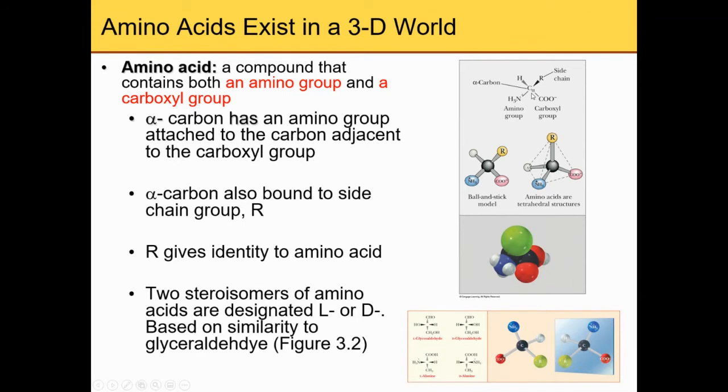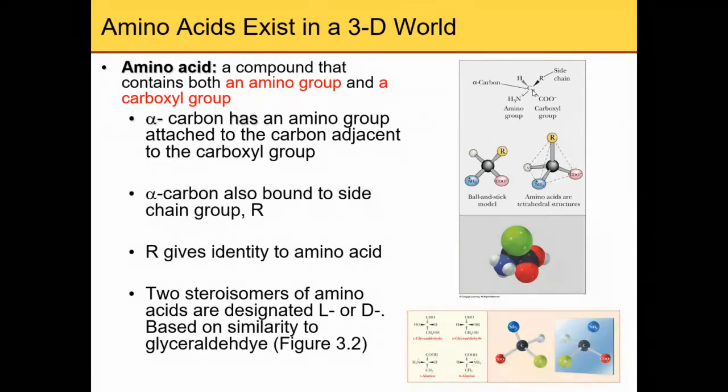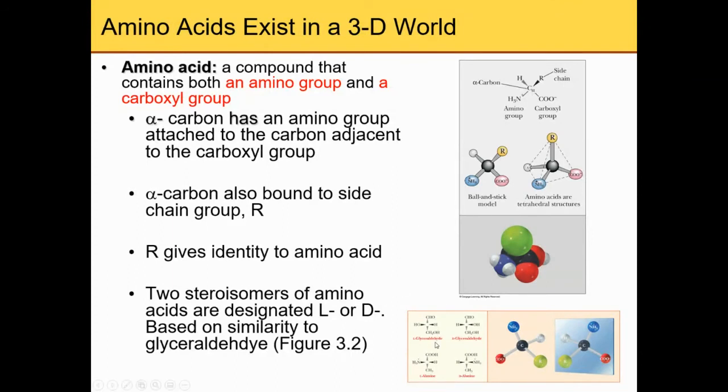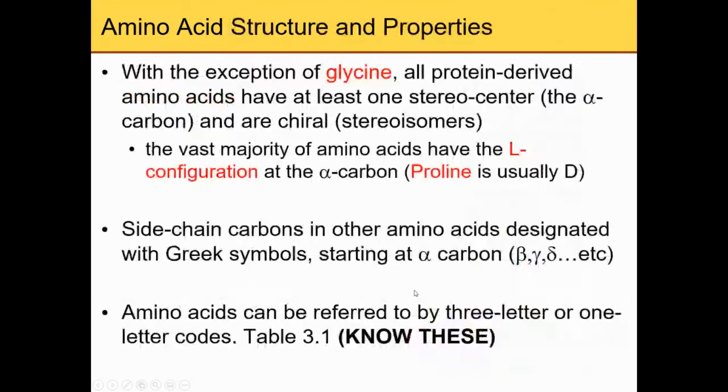And there are two stereoisomers of amino acids. So we have left and right, L and D. That's the stereochemistry of the amino acid. With the exception of glycine, which we will discuss later, all the protein-derived amino acids have at least one stereo center.